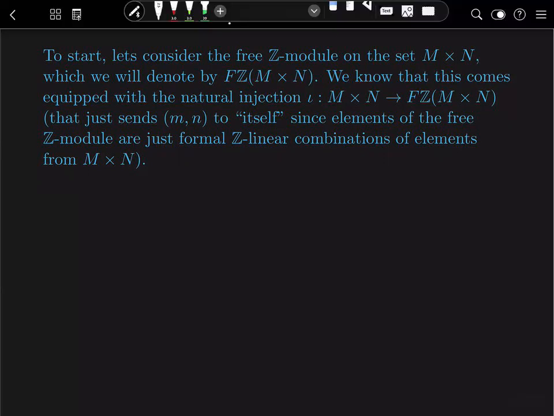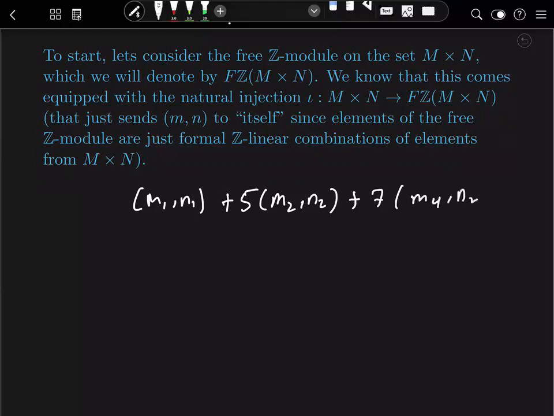So something like this, right? An element of the free Z module on M cross N would be something like (M1, N1) plus 5(M2, N2) plus 7(M4, N4), something like that. So this is just some element of the free Z module. They're just formal linear combinations. Don't mistake these for elements of the direct product, right? Because we can't just add them together, that's a different construction.